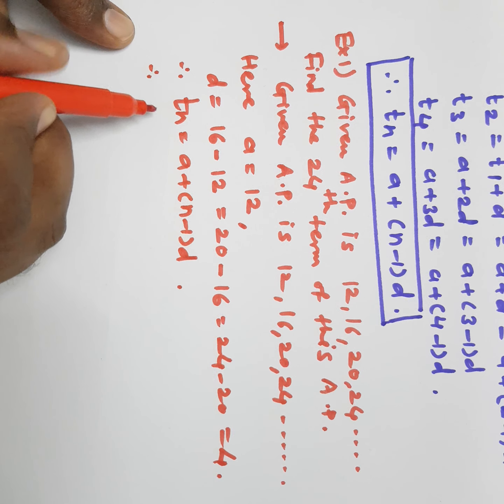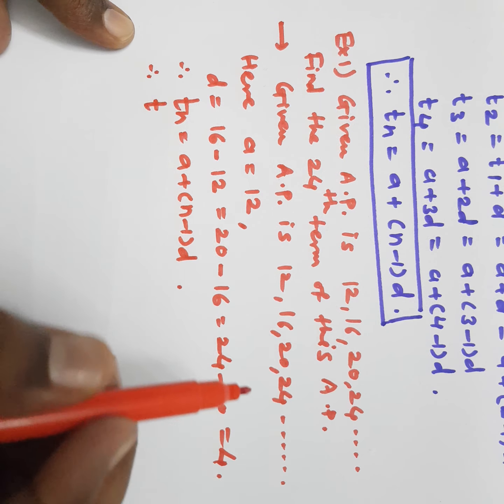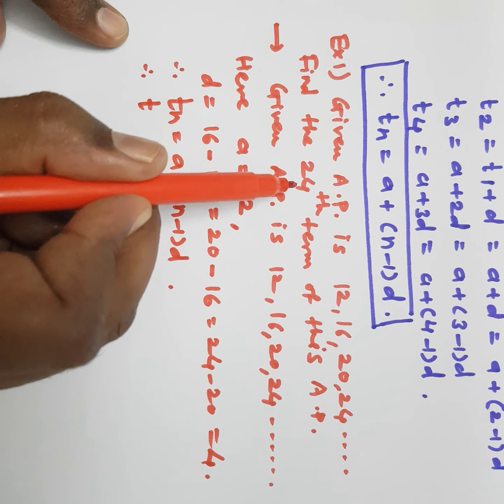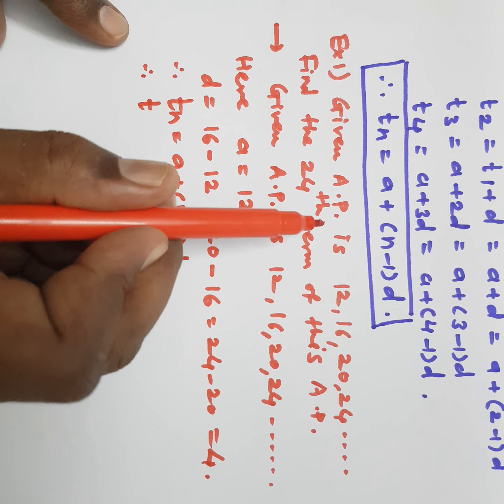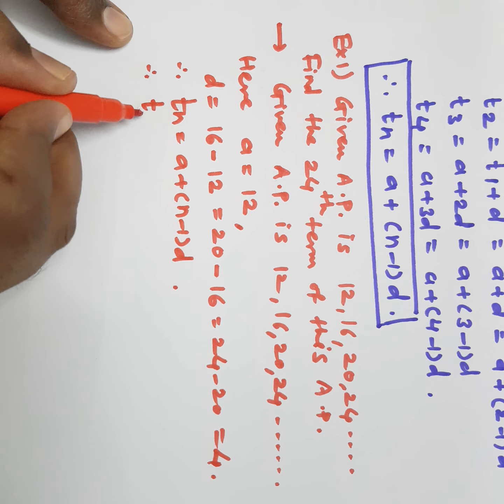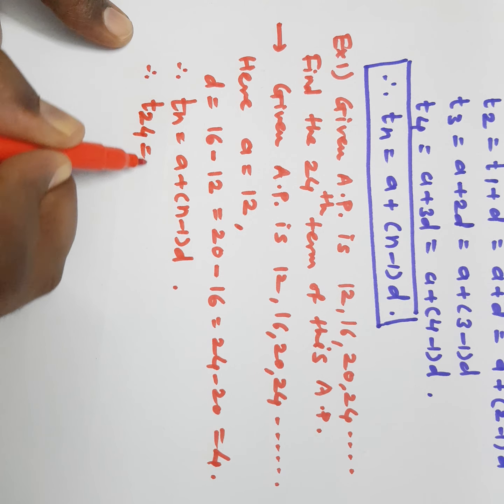We will put the values here. We have to find T24. 24th term means T24, n is equal to 24.